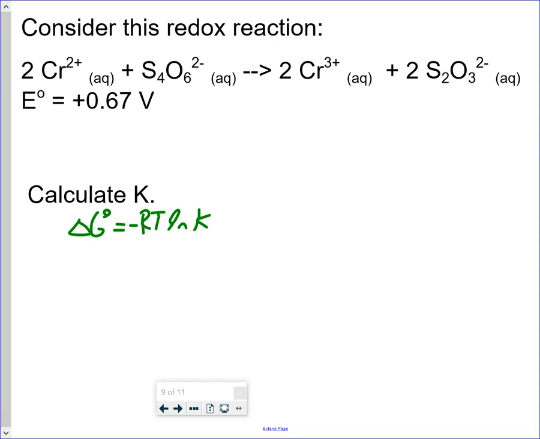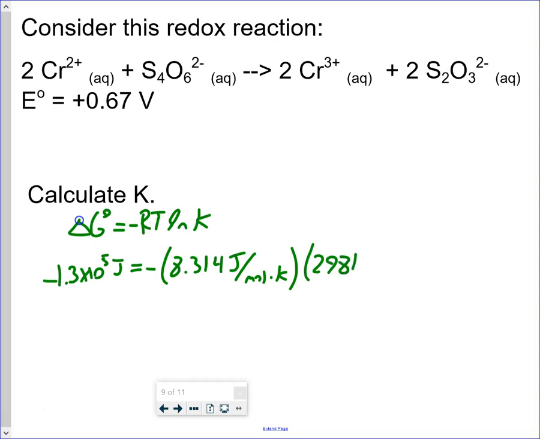We know that delta G is negative 1.3 times 10 to the 5th joules. That's going to equal R. In terms of joules, R is going to be 8.314 joules per mole times Kelvin. Okay. Temp is 298. Then we have natural log of K.